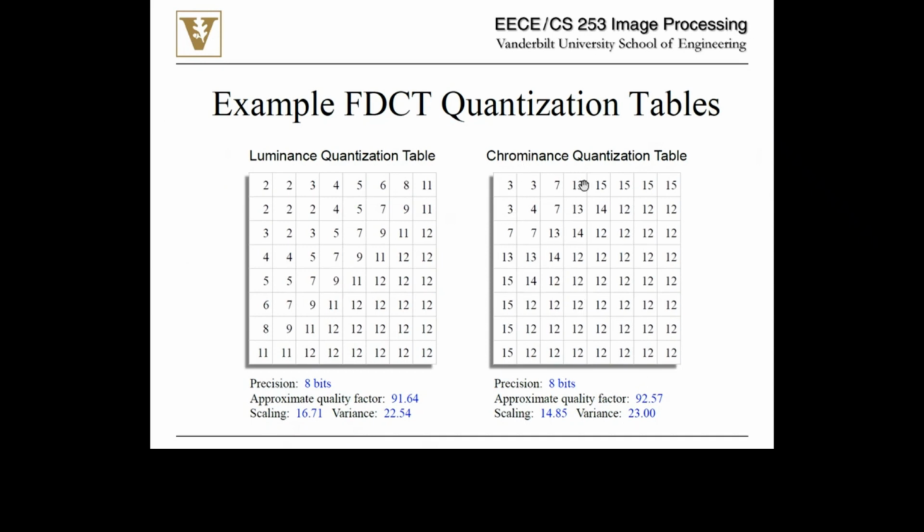See, at very low frequency, we already find 13. While for the luminance, we still have relatively low numbers. That is again based on our visual system. We are much more sensitive to luminance than to chrominance, so we pay more attention to encoding the luminance coefficients correctly.